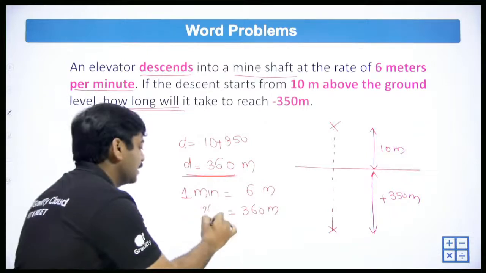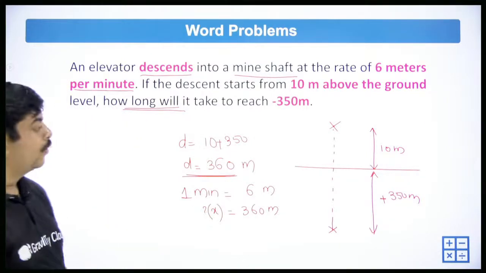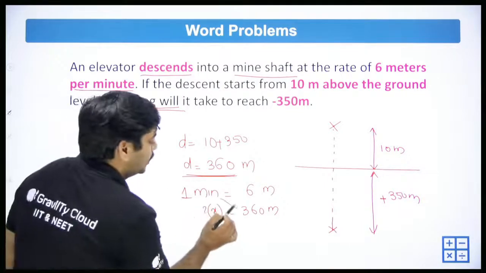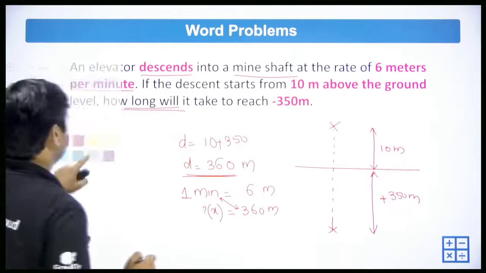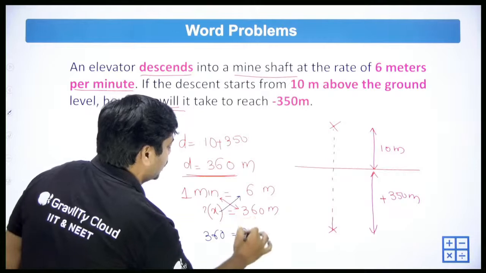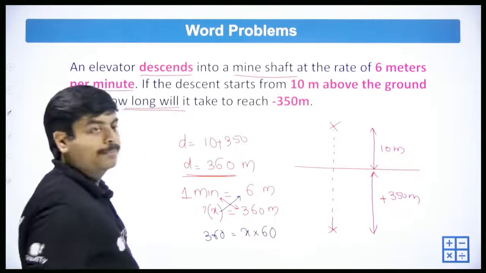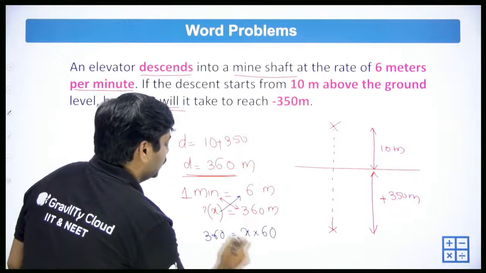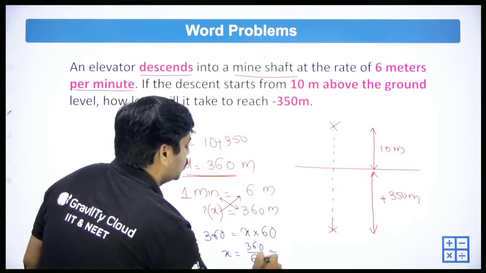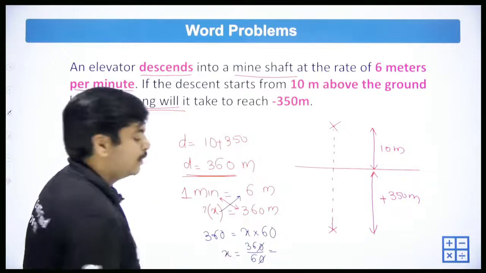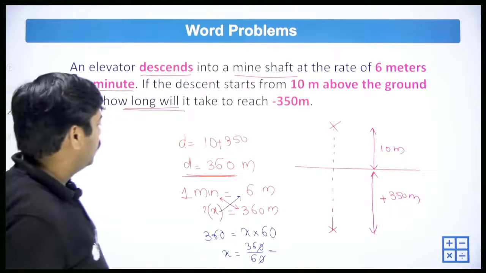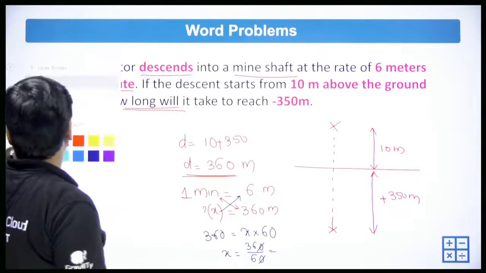Let me take this duration as x. How to calculate this? You need to cross multiply. 1 into 360, which is 360, is equal to x into 6. So the value of x will be 360 divided by 6, which is 60. Sorry, once again, 360 is equal to x into 6, not 60, it is 6.